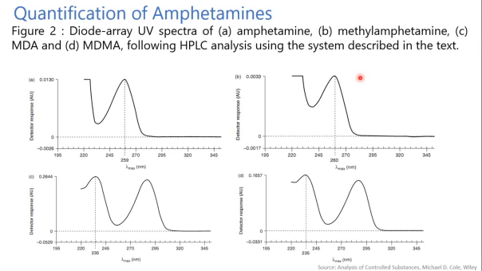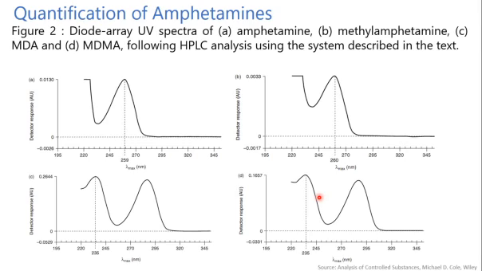Then this is Figure 2, which shows the diode array UV spectra of, first, amphetamine, then methylamphetamine, then MDA, and the last one, MDMA. These are diagrams showing that for the first case, amphetamine, lambda max equals 259 nanometers.